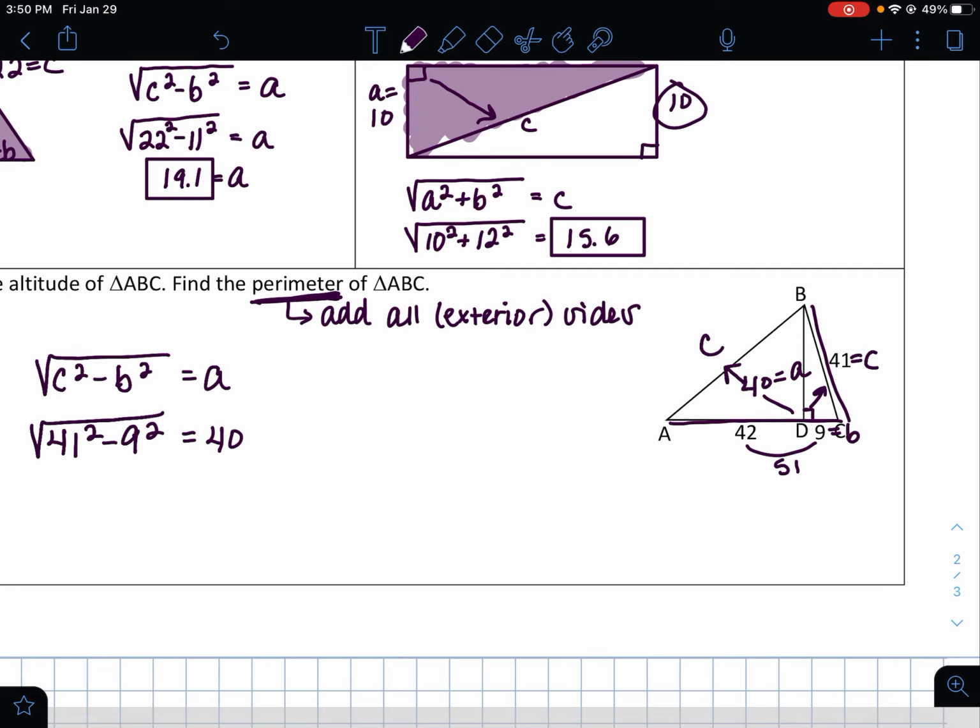So now this is the new hypotenuse we're going to use. So we're looking for the hypotenuse now. So since we're now looking for the hypotenuse, we're going to do the square root of A squared plus B squared, okay? So this 42 is going to be the new B, and we already said that 40 is A. And that's going to equal C squared.